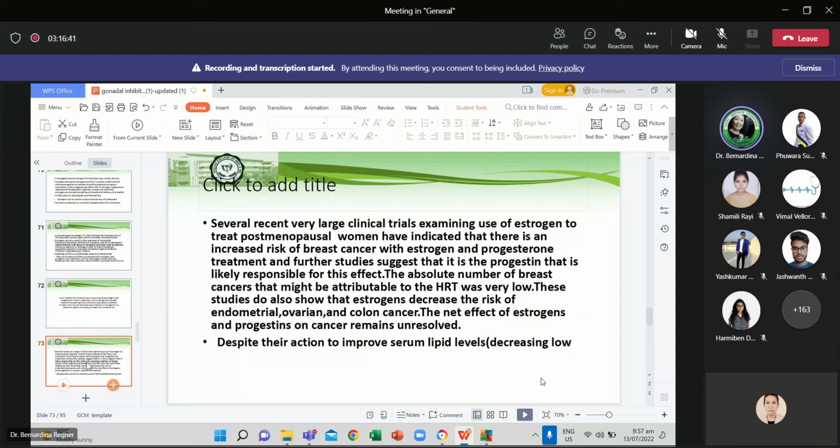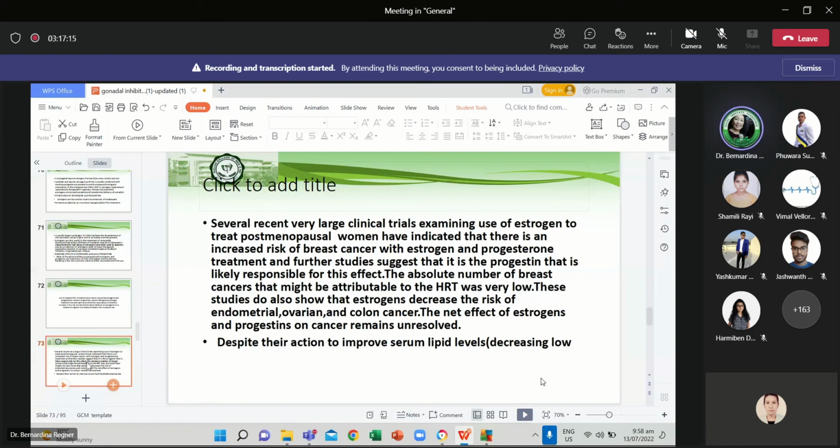So you have to get the net effect of the levels of estrogen and progesterone that you are giving, especially with progesterone, which can eliminate the risk of endometrial cancer. So you have to really weigh your use of oral contraceptives and look for very good screening of the patients that you are about to give an oral contraceptive.